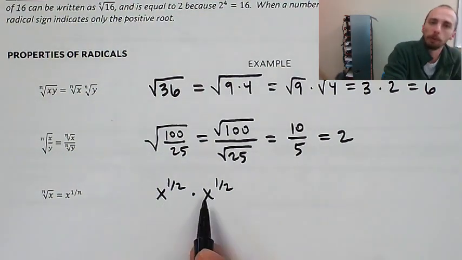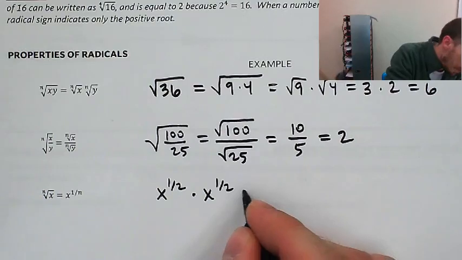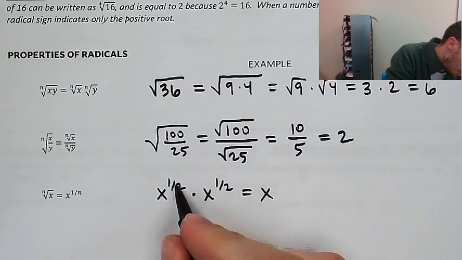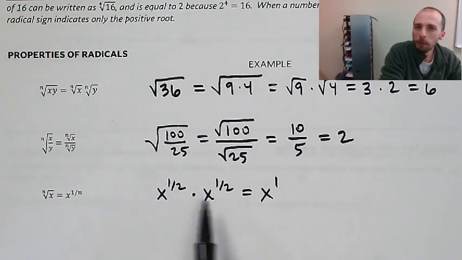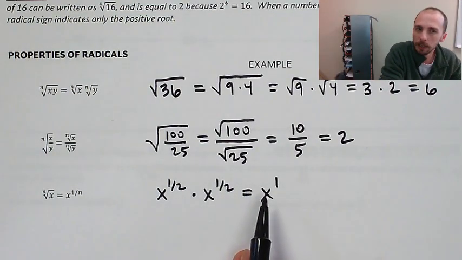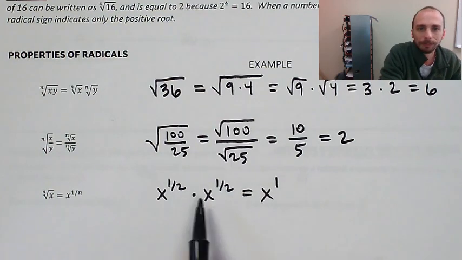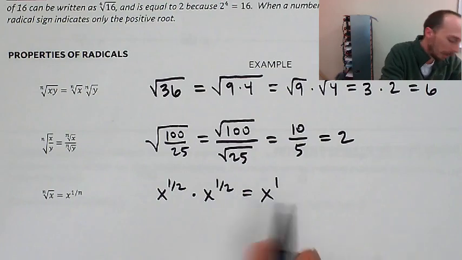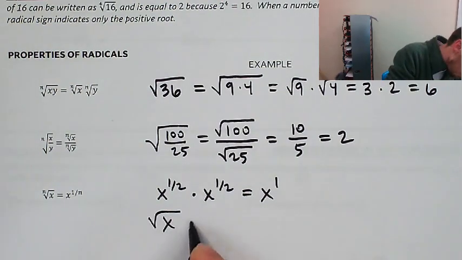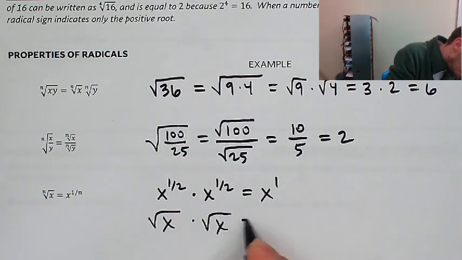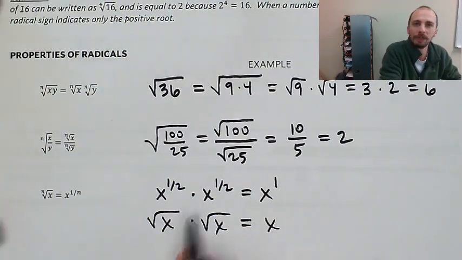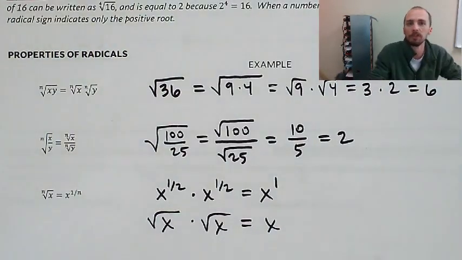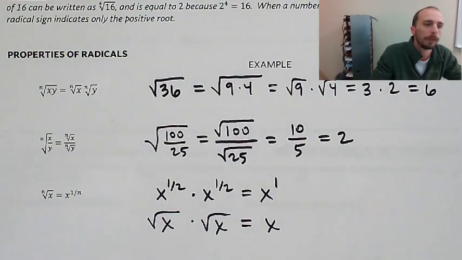Let's think about what would happen if we multiplied x to the 1/2 by x to the 1/2. We would add the exponents, so 1/2 plus 1/2 is 1. But we also know that the square root of x times the square root of x is equal to x. And so that's kind of the evidence that I'm offering at this point. We'll see more evidence of this as we move forward.